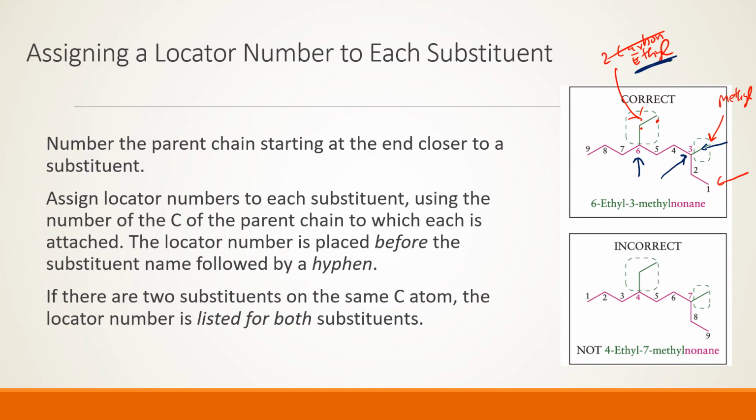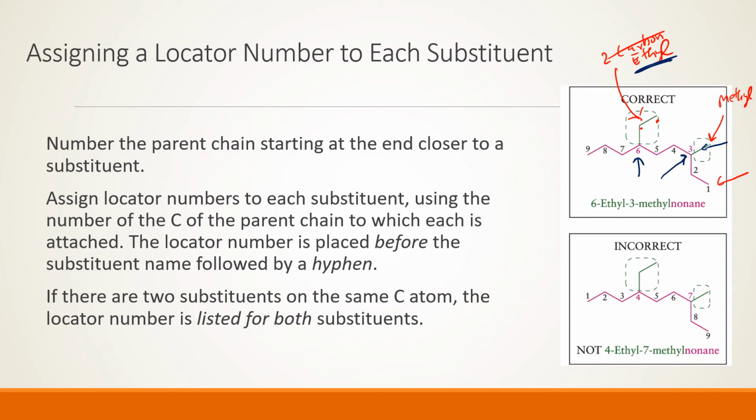So after identifying all of those elements, we put them together to complete the name of this substituted hydrocarbon. First we start with the locator number of the substituent, and we write the substituent which is alphabetically ahead.